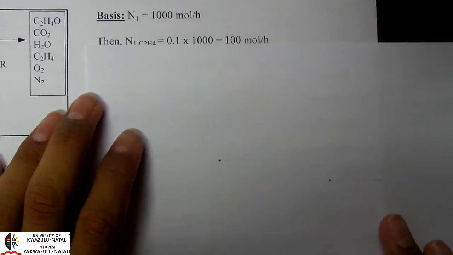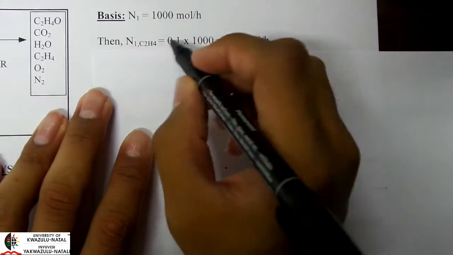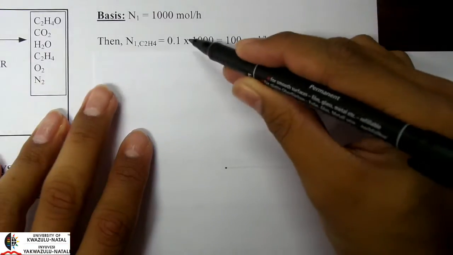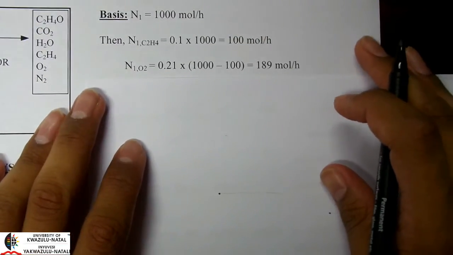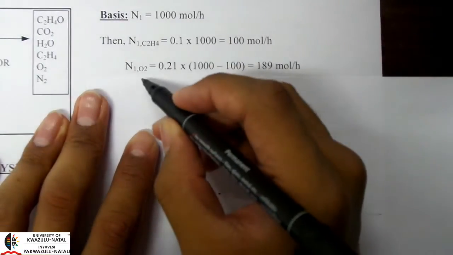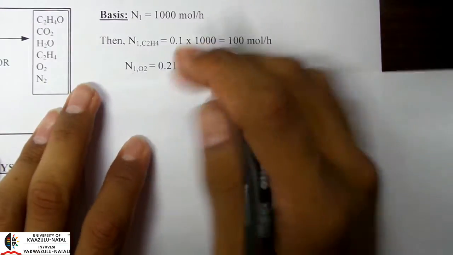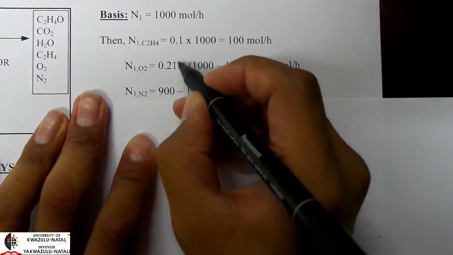So with a basis of 1000 moles per hour, we can easily get our ethylene flow rate in the feed, 10% of 1000. And take note of the oxygen as well as the nitrogen flow rates and how it is calculated.